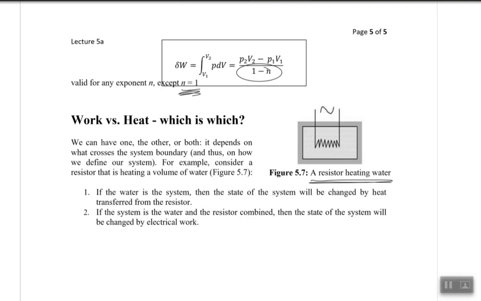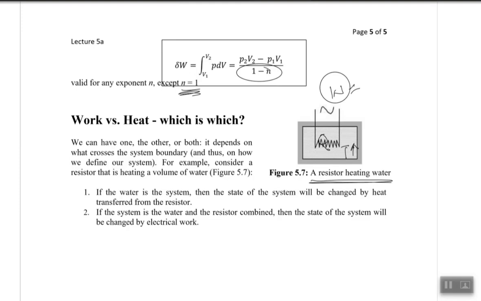Let's say there is a temperature rise in the system, so we are changing the state of the system, which is the rise in temperature, by supplying some heat Q from the heater, and that heater is getting some work done from the electricity, in other terms the electric work done from outside.